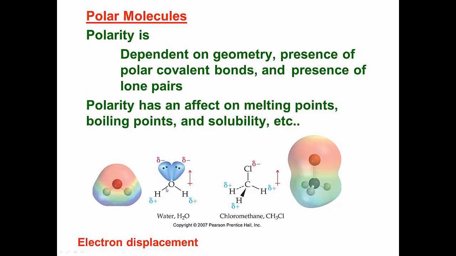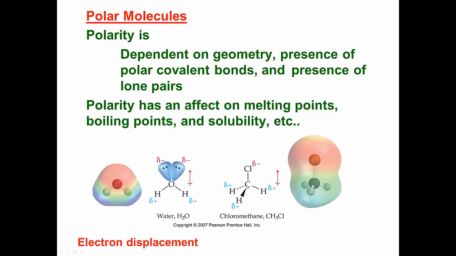We know the hydrogen-oxygen bonds are polar. As far as the molecule goes, the oxygen will draw the electrons to itself. It also has 2 lone pairs of electrons. So this part of the molecule has a partial negative charge, partial positive by the hydrogens. Water is a polar molecule.